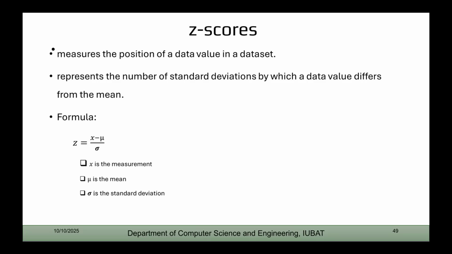Remember, last class we told you about variance: even if the mean is the same for two different data sets, there might still be variations, and those variations matter.